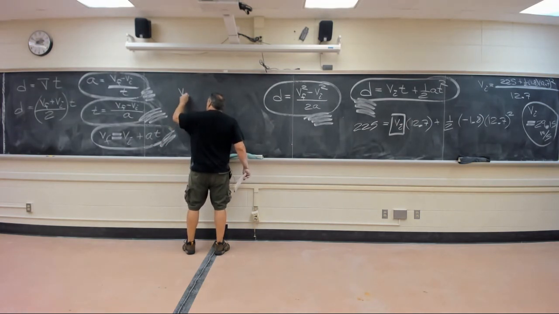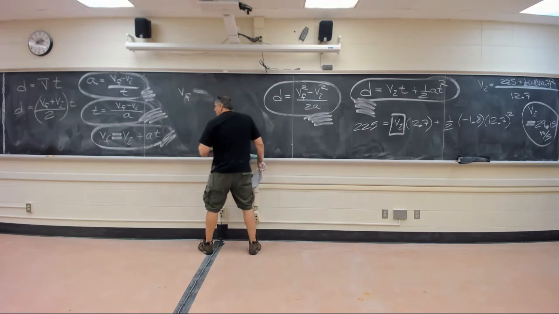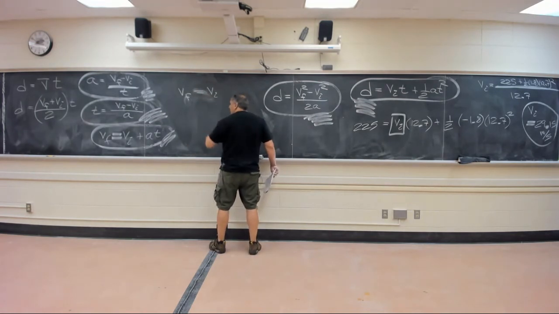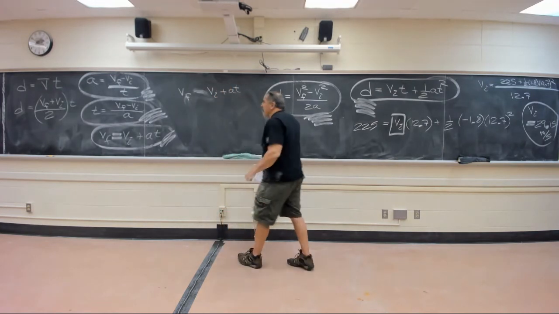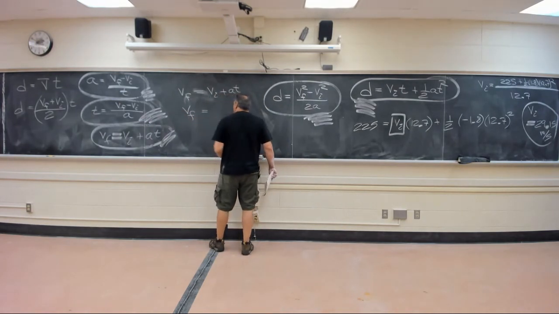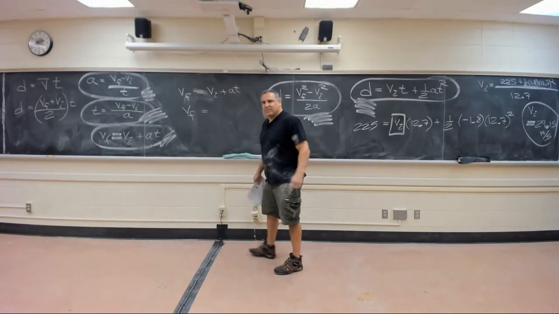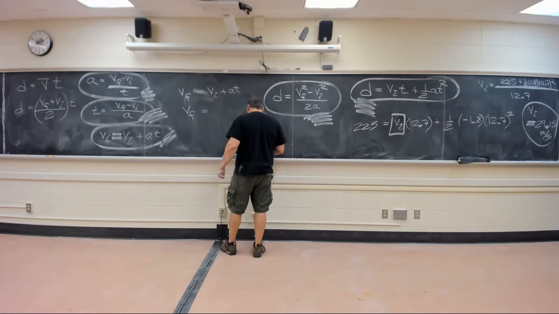How fast is that thing going? VF equals VI plus AT. Here it goes. Let's find VF. They did ask for VF. They didn't ask what VI was. I did it a little differently in my notes, but that's no big deal. VF is 6.283 meters per second.